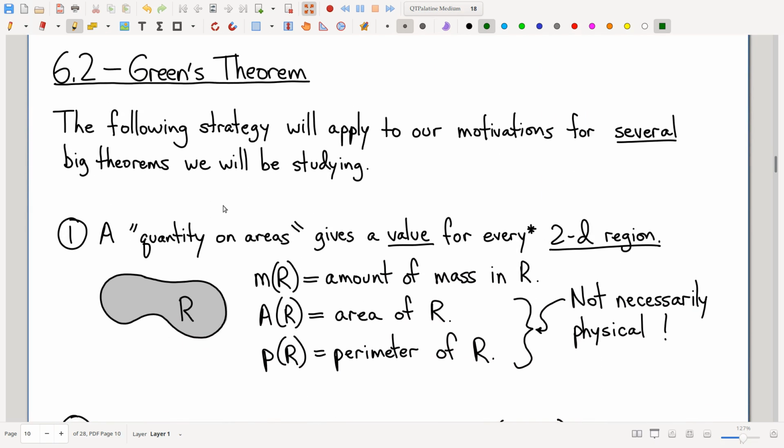So we're into section 6.2 now. 6.2 is a first step into a substantial conversation that we're going to have over most of the rest of the course. There's a bunch of theorems called vector calculus theorems that we're going to be presenting. They were discovered historically at different times in different ways.